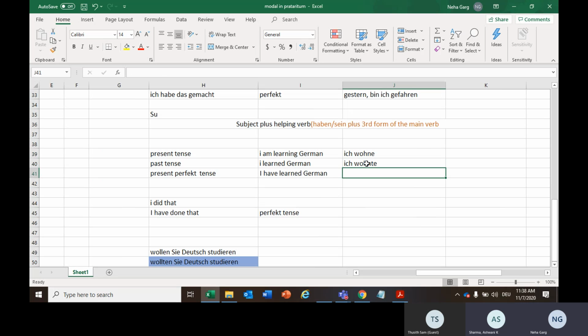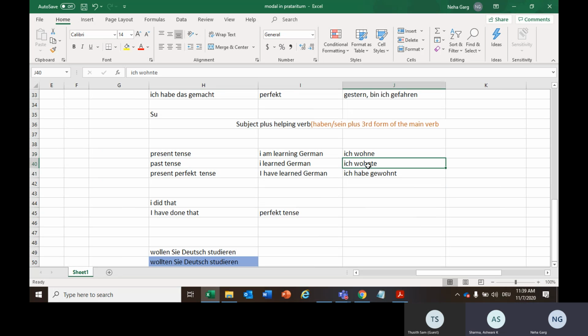Once you start reading more and more, you will be able to distinguish that this has been written in present tense, this in past tense, and something else in present perfect tense. So ich wohne present tense, ich wohnte past tense, und ich habe gewohnt, that is present perfect tense. This is how we distinguish between the past tenses.